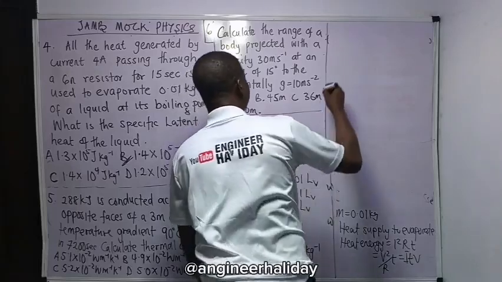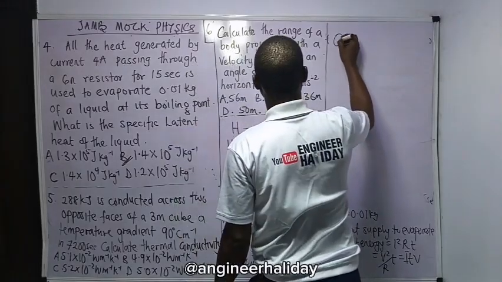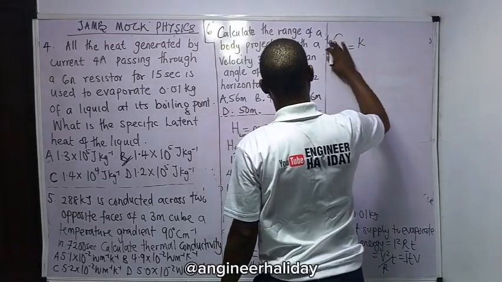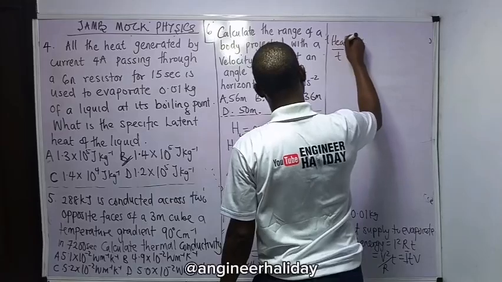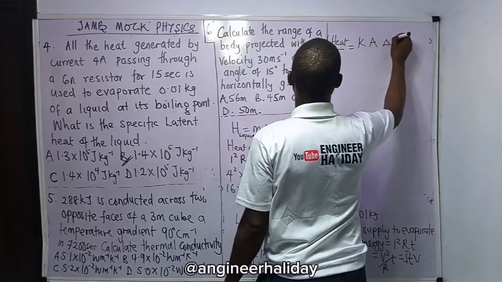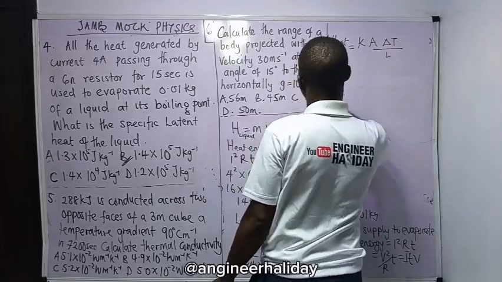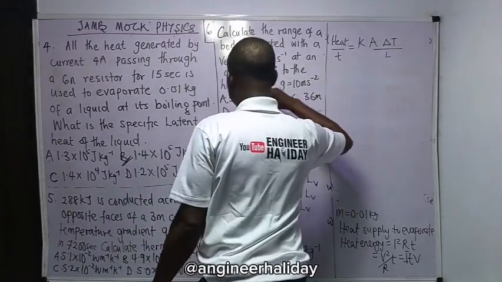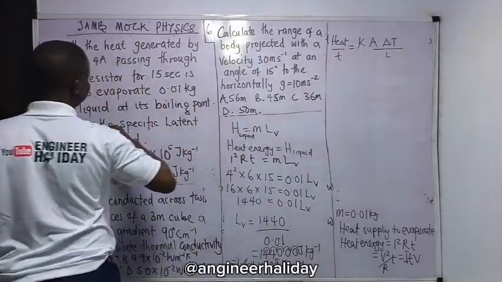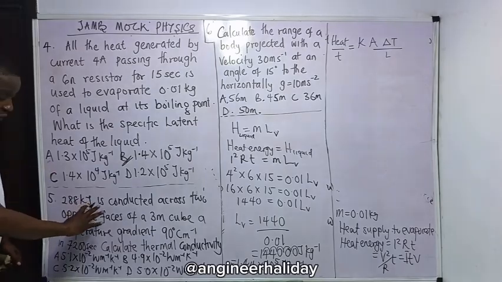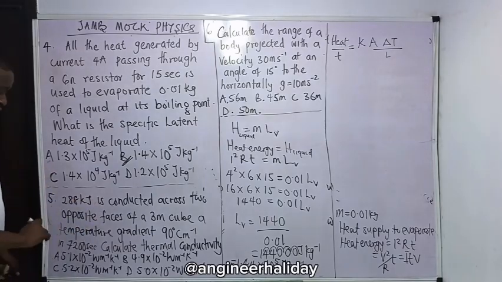That means heat over time is equal to K times A times temperature gradient over L. That is the formula. Sometimes we have it as minus, depending on if the change in temperature gives negative. This is the formula we want to use to solve this problem, because without a formula you cannot solve.